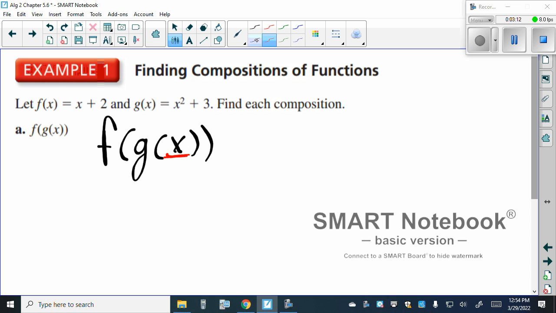It's not really going to change anything because g of x already has x, yes? If I replace every x in g of x with x, we get the same thing, because replacing x with x is still just x. So most of the time, instead of saying that, we're just saying, what is g of x? x squared plus 3, yes? So replacing g of x with its function, x squared plus 3.